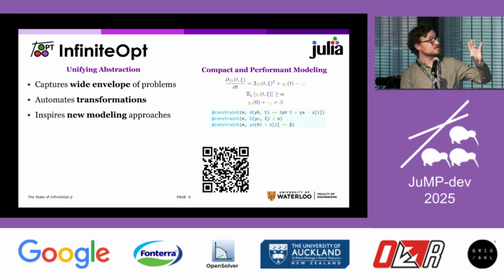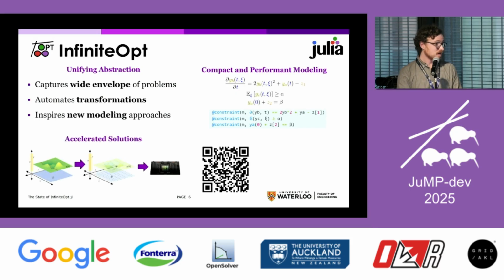And because it's in Julia, like JuMP, it gives us a very compact, and I would argue very intuitive, modeling interface for these types of problems to pose stochastic and differential equations and integrals quite compactly and naturally. We'll also talk about this a little bit more today, and I talked about this last year. It helps us accelerate solutions, so we can leverage the unique structure of these problems to accelerate their solution, for instance, on GPU, using MadNLP, and solve these very efficiently.